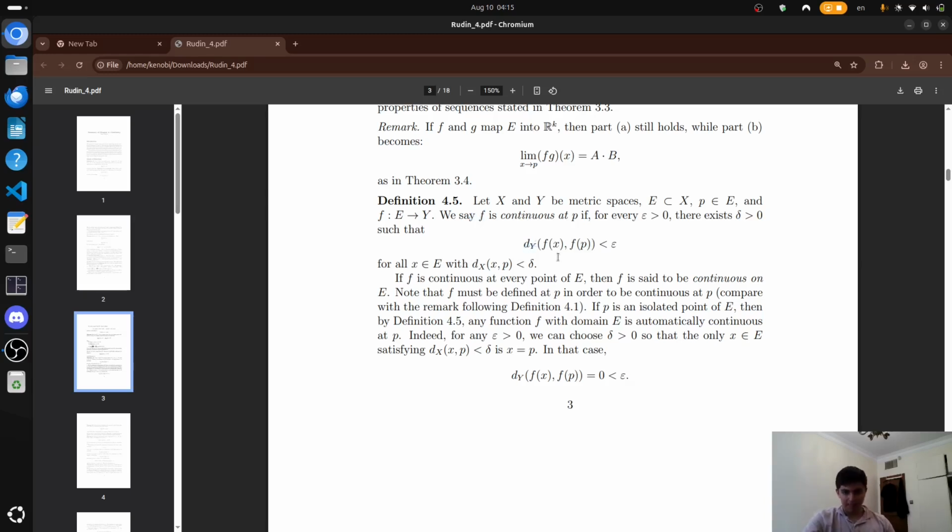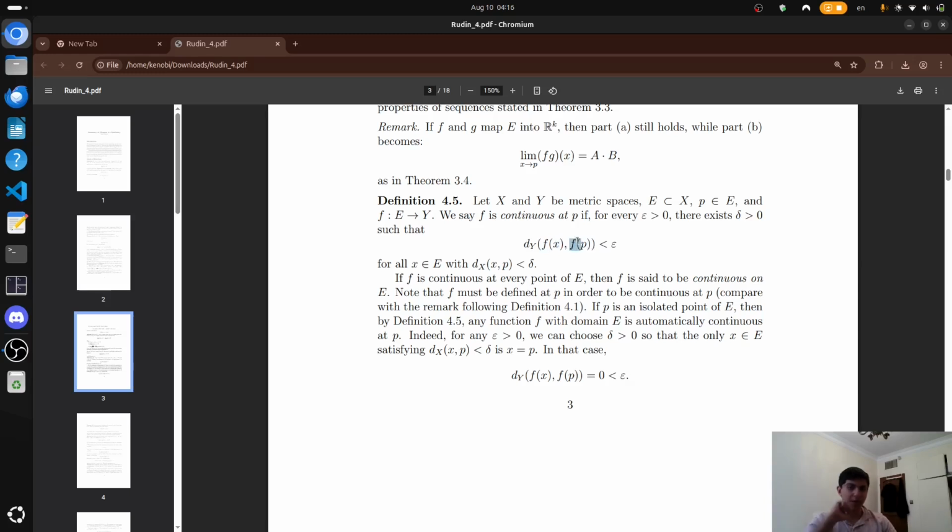What this is saying basically is that the limit as x goes to p of f(x) equals f(p), because we just replace the limit with f(p) over here, right?